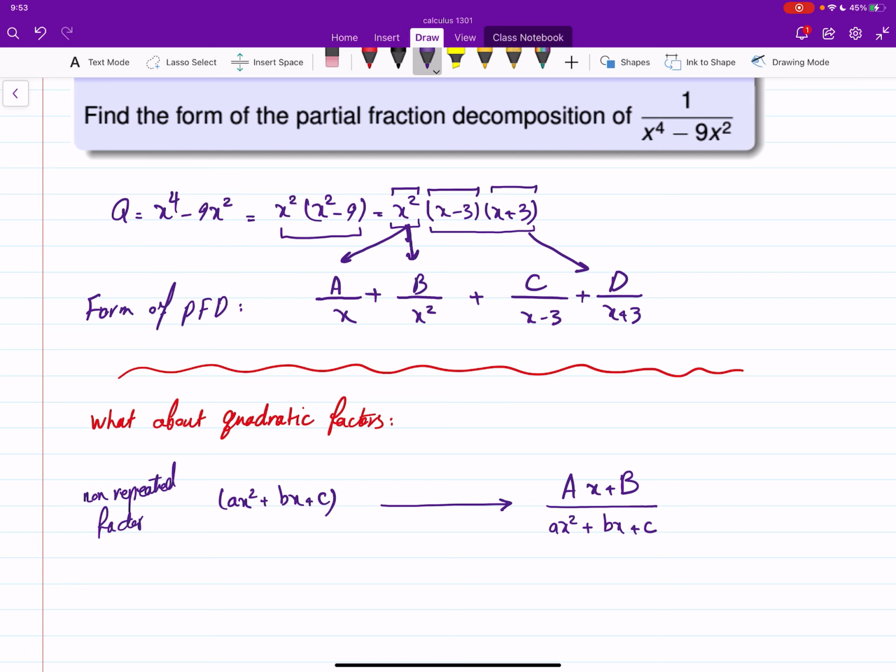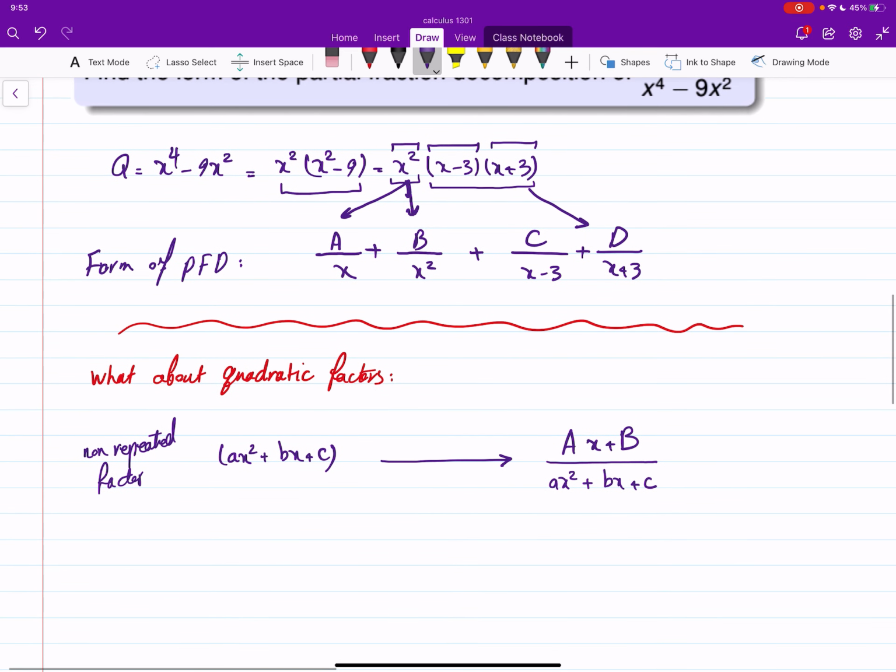Okay. How about if I have ax squared plus bx plus c to the power j, so a repeated factor? In that case, as we did for the linear one, we have to make j of these.